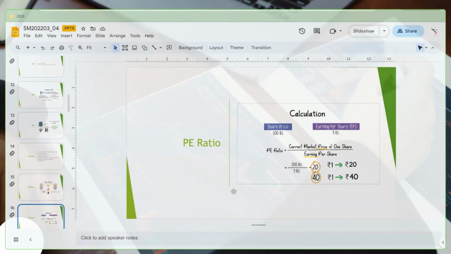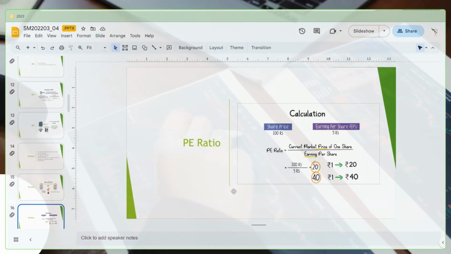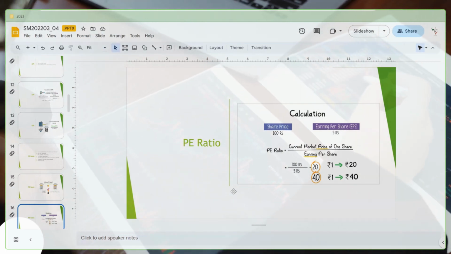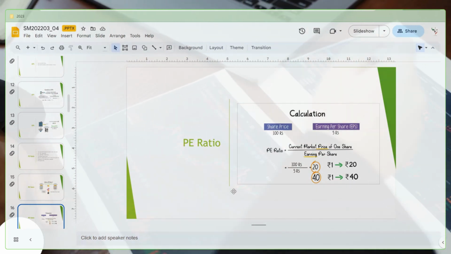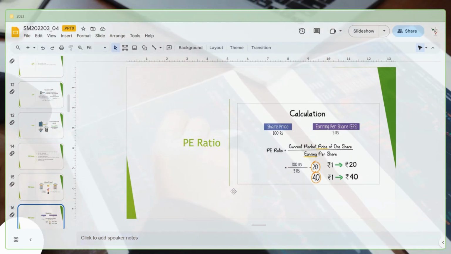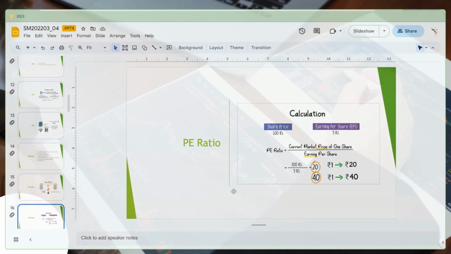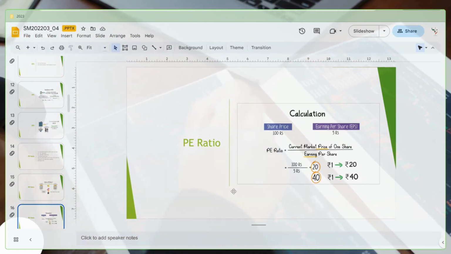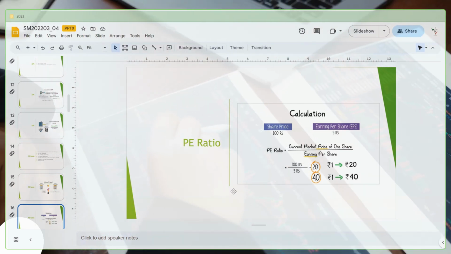If there is something, I can let you know, but ideally a PE ratio around 18 is considered good. Below 20 is considered good. If you are getting some good stock around 18 or below, it is considered good for PE ratio. Any company, it doesn't matter whether it is large cap or mid cap. If you are getting a company around PE 18 and it doesn't have loans and all other factors look good, then we can consider buying.